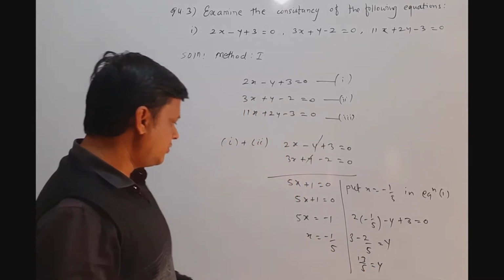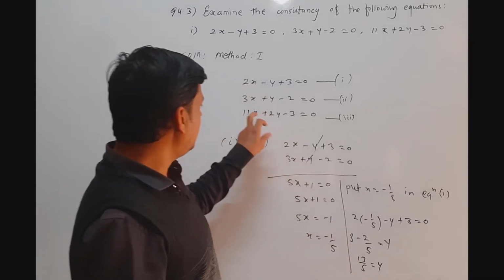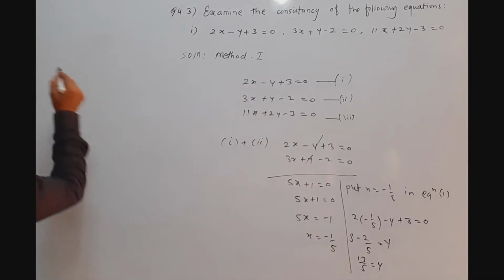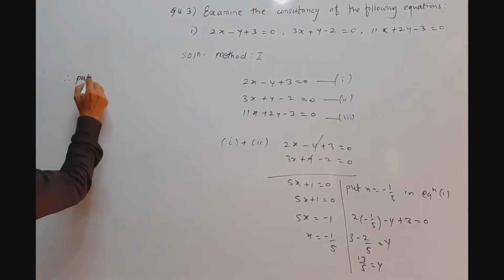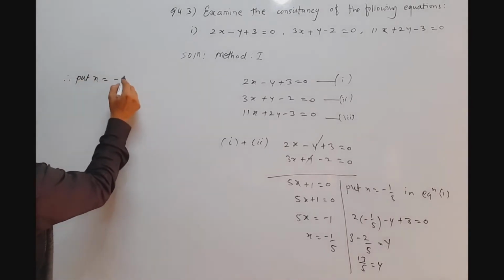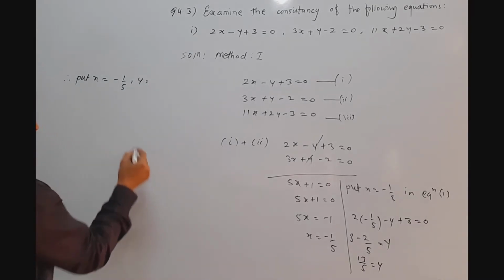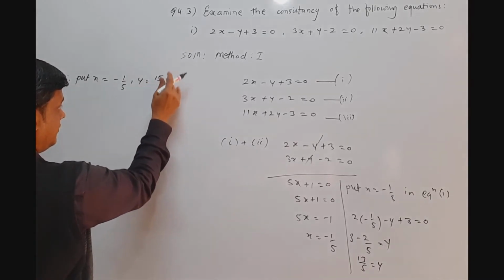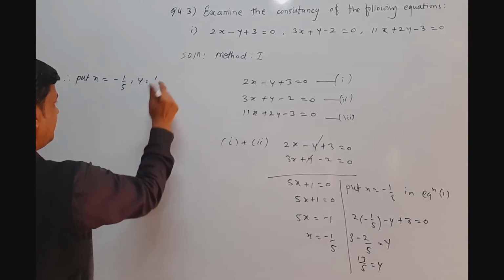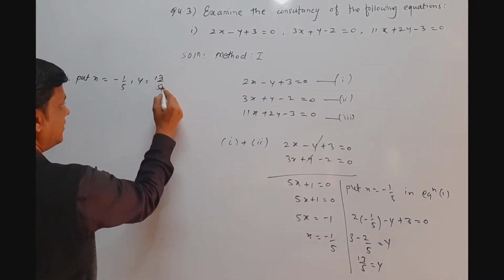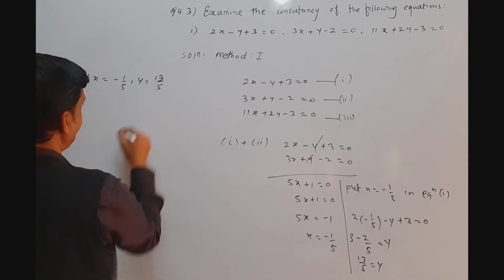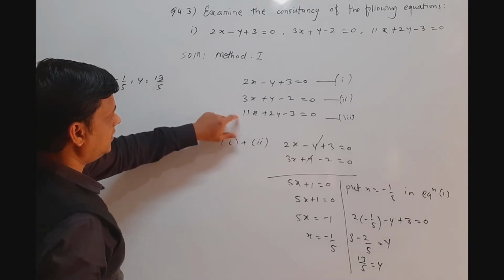So we substitute both x and y in equation number 3. Therefore, put x equals minus 1 by 5, y equals 13 by 5 in equation number 3.